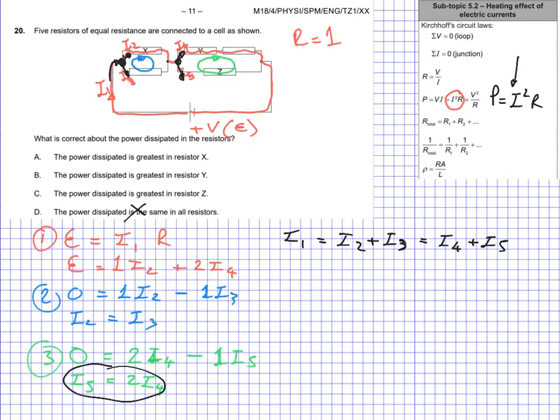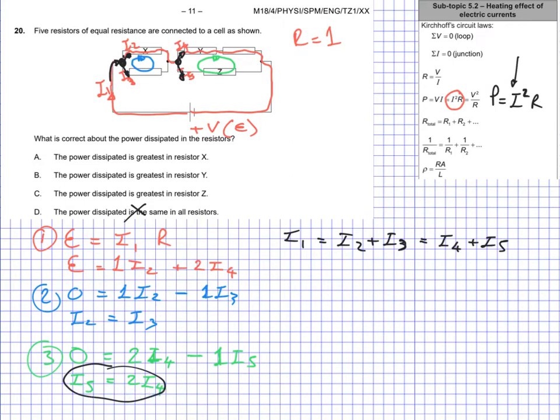So that means 5 is going to have a greater current, which means when you square it, it's going to give you a bigger power dissipation. But we also have to multiply it by R, and when we're talking about I4, in other words, resistor Y, we need to multiply that by 2. So we need to deal with this first.